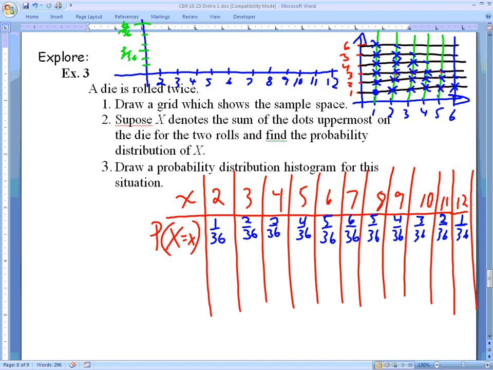So my first one just goes up to 1, and then goes up to 2, and then 3, and 4, and 5, and 6. And then it starts coming down. That would be my probability distribution bar graph for that.